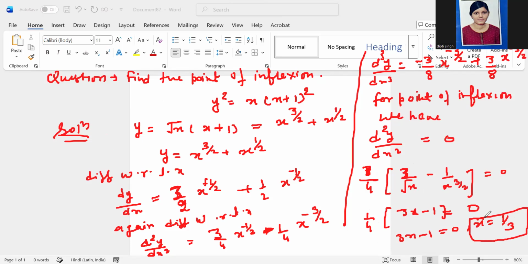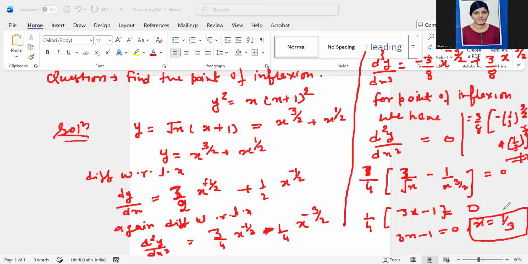Now check whether the third derivative is non-zero or not. You can put the value of x as 1 by 3. What do you get here? We can take 3 by 8 as common: minus of 1 by 3 to the power minus 3 by 2 plus 1 by 3 to the power minus 5 by 2. Clearly it is not equal to 0.